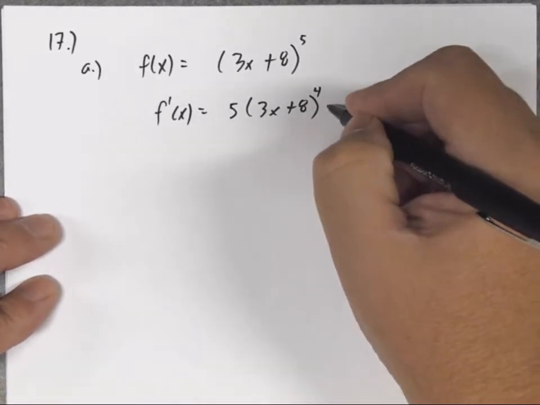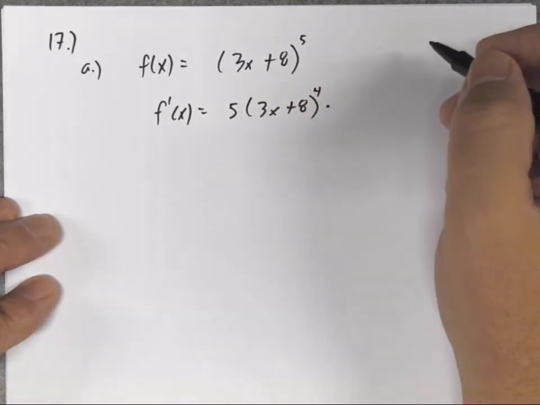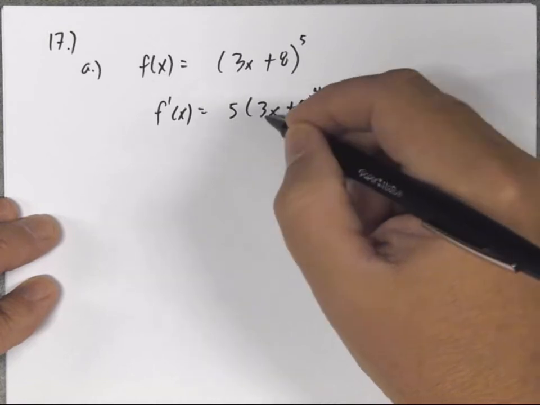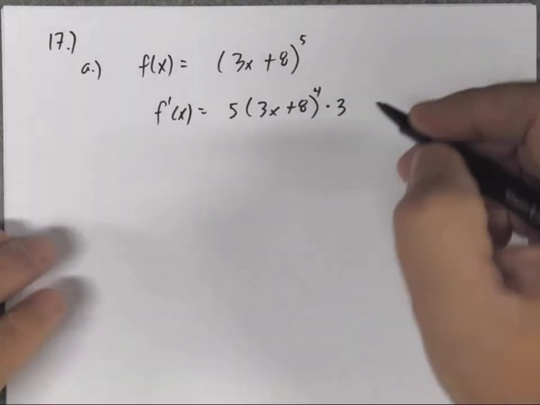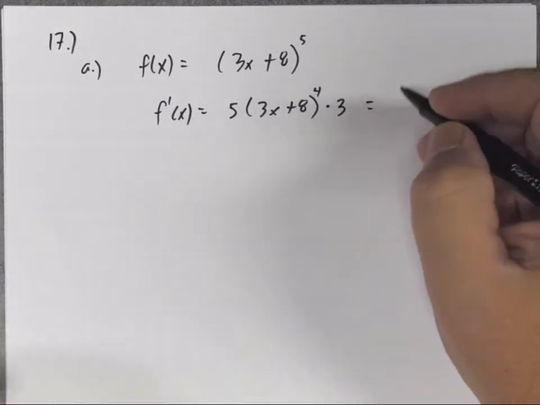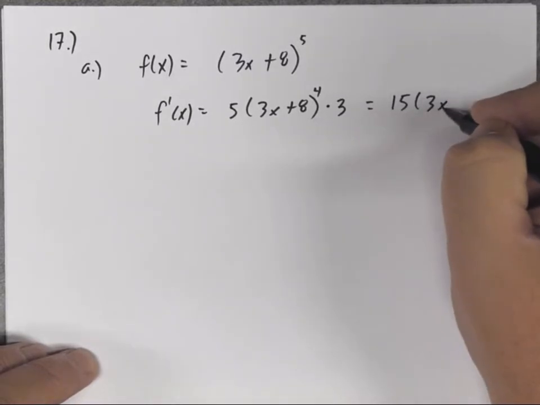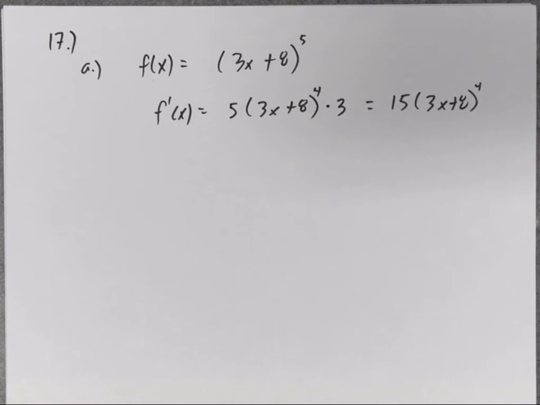But then you also have to go and take the derivative of what's inside of the parentheses and multiply that by what we've done so far. So for this one, it should be 15 times 3x plus 8 raised to the 4th power.